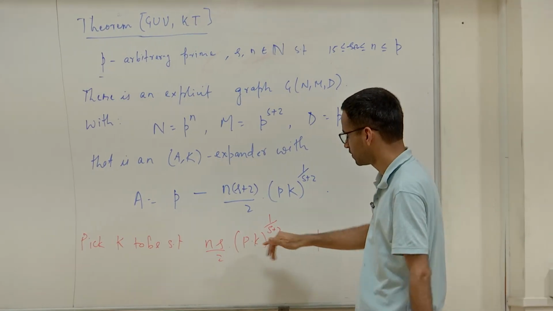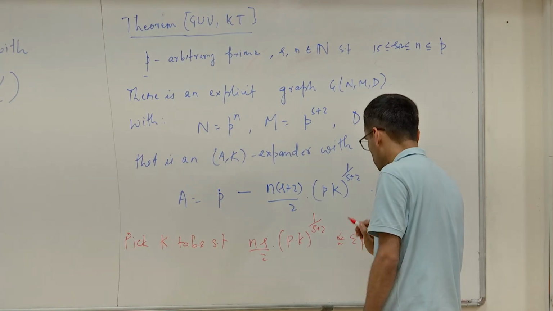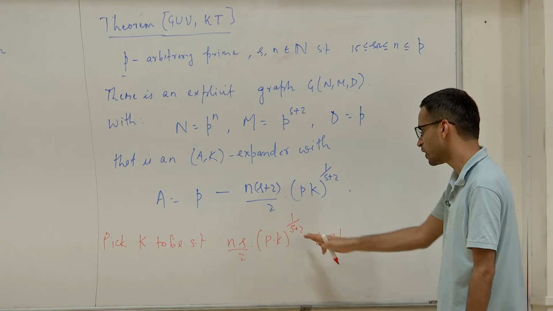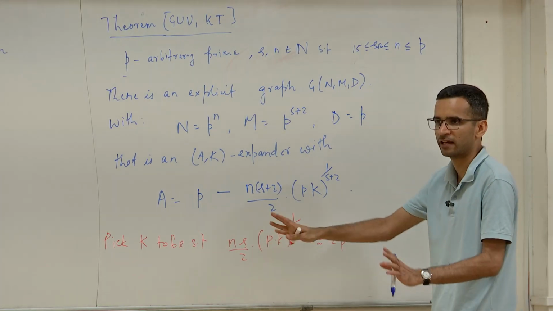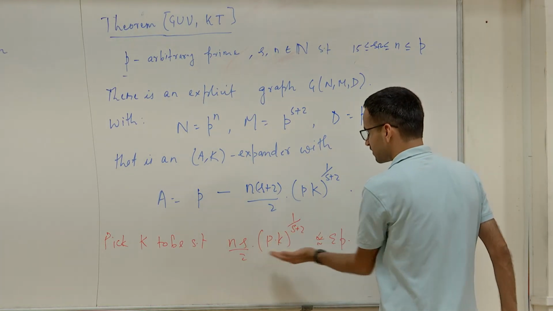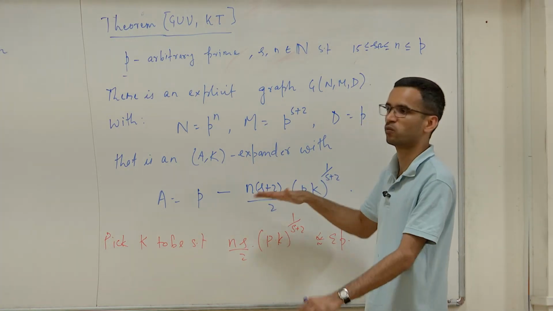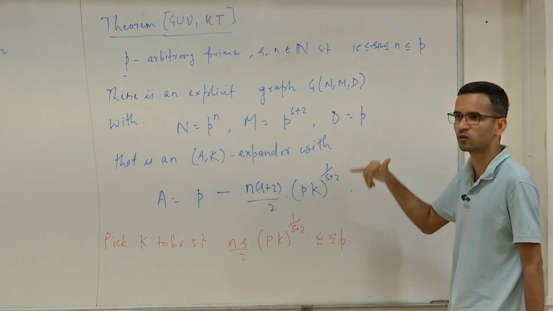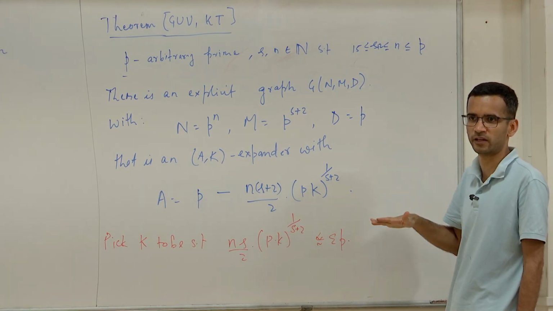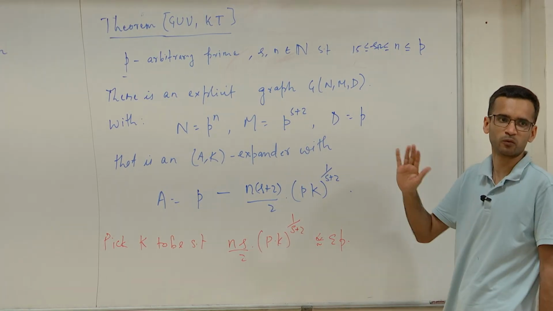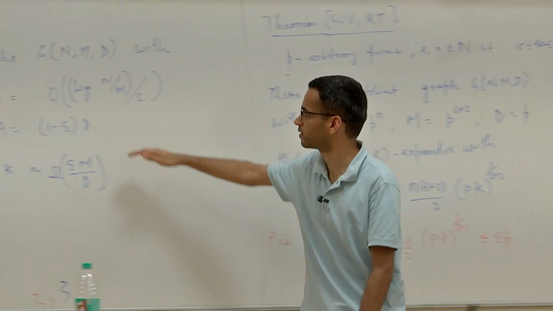So if you pick k, let's say, at most epsilon p, then k is going to be something like p to the s plus 1 times some poly in n, s factors. So that's the bound on k. If you take k to be that, then a is going to be (1 minus epsilon) p. The degree was p, so (1 minus epsilon) p is 1 minus epsilon times the degree of the vertices on the left hand side. So we are getting what we promised, at least in this parameter regime.